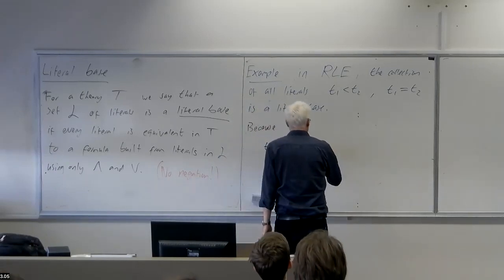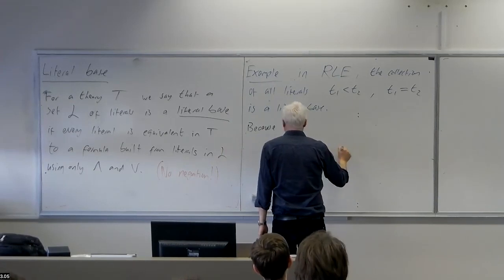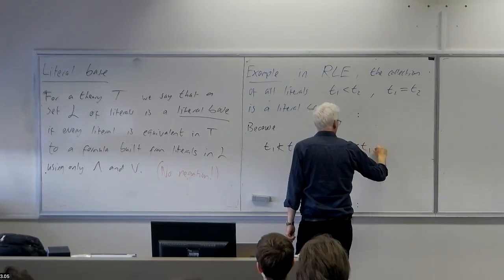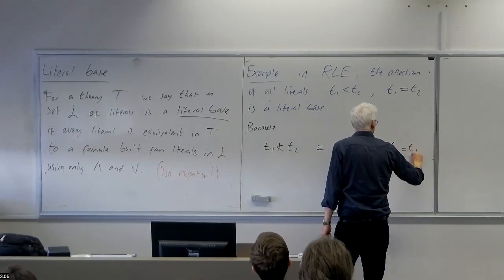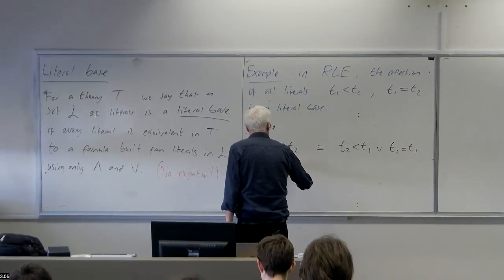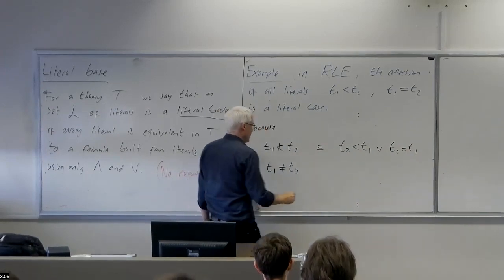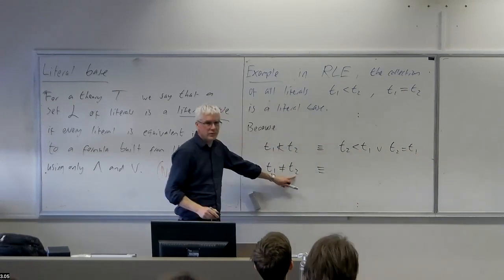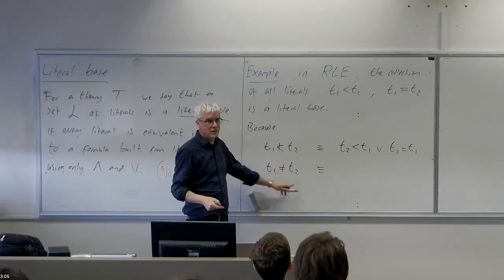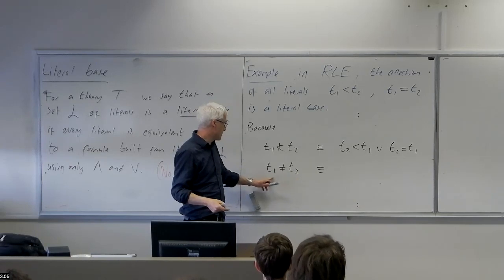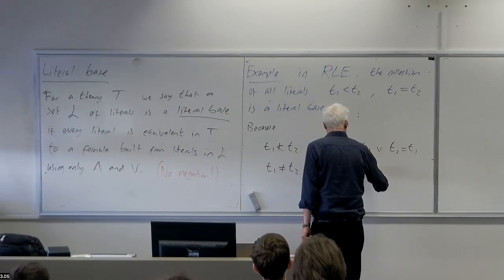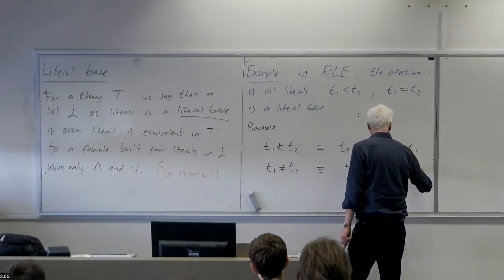So this is equivalent to T2 is less than T1 or T2 equals T1. And for not equality, T1 is not equal to T2, that's equivalent in the real numbers, since it's a linear order, to either T1 is strictly less than T2 or T2 is strictly less than T1. So this is equivalent to T1 is less than T2 or T2 is less than T1.